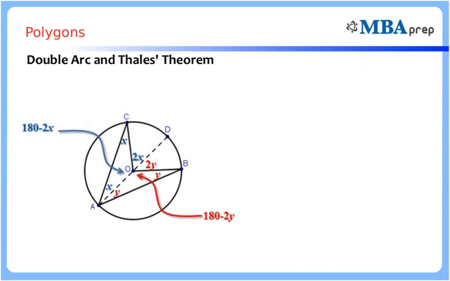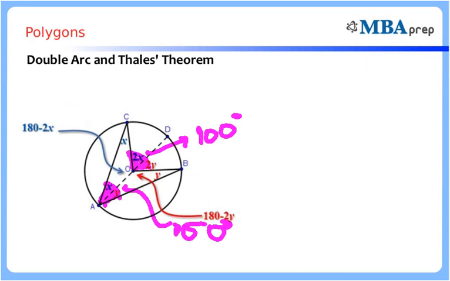The double arc theorem says that if you have a given central angle, here that I'm going to highlight in pink, this angle is always twice the peripheral angle. This, for instance, is 100 degrees, so this is 50 degrees. It does not matter if you want to stop by here, this angle here is also 50 degrees.